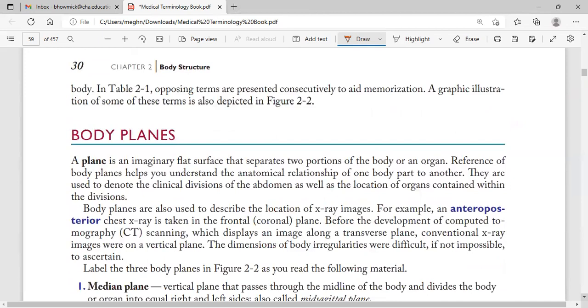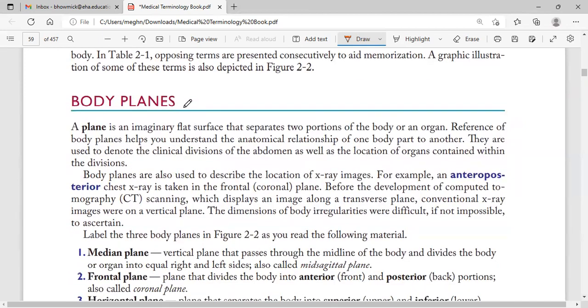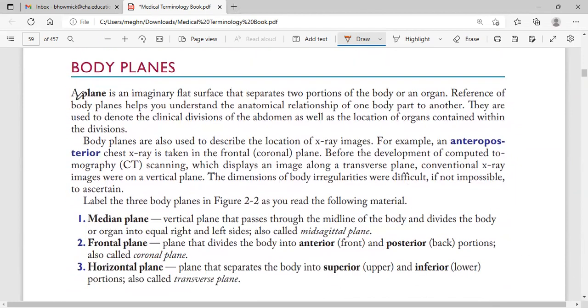Next, the body planes. There are a few kinds of planes. So, what is a plane? First of all, the medial plane, frontal plane, and horizontal plane. So what is a plane? A plane is an imaginary flat surface that separates two portions of the body or an organ.